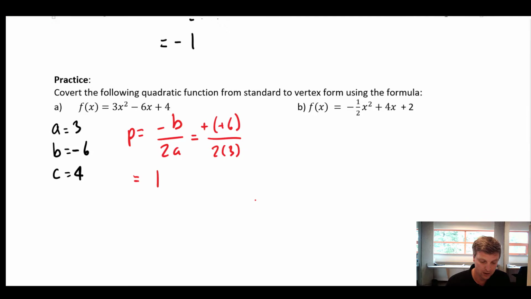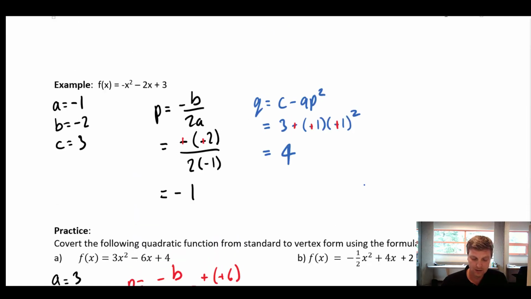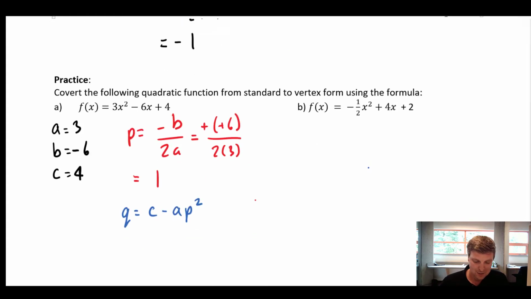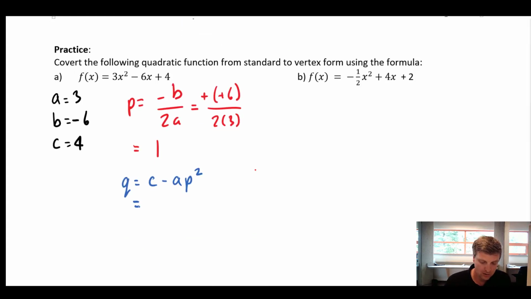Solving for Q, Q is going to equal C minus AP squared. Let's make sure that's right. It is. C minus AP squared. And so C is 4, and I'm going to subtract from that 3 times P squared. Well, P was 1 squared.